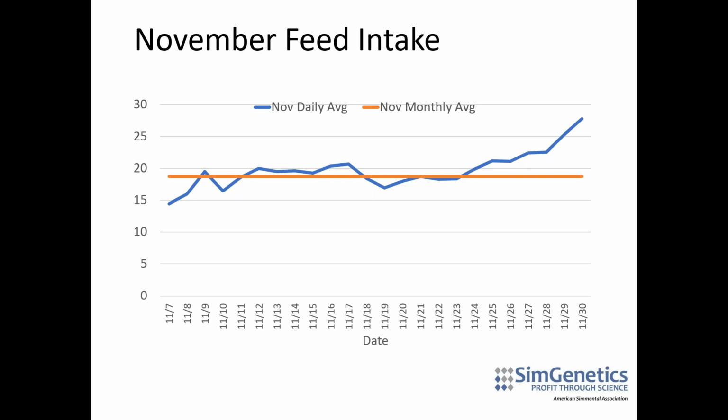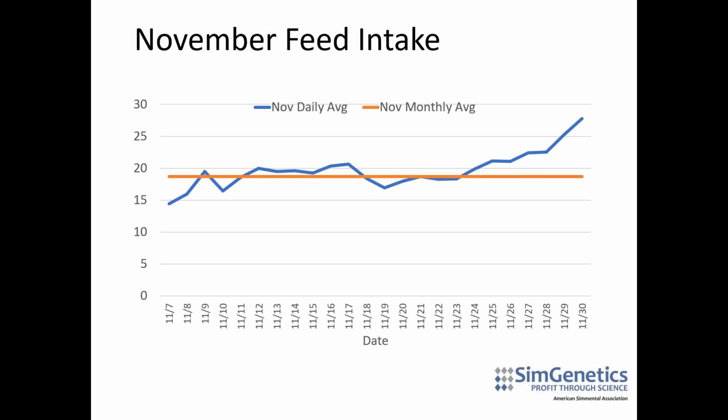So if we were going to describe this group of calves, we would say they're averaging about 18.5 pounds of feed intake per day. But you can see that when they first came into the feedlot, it was quite a bit lower. That's not unusual. We would expect that.